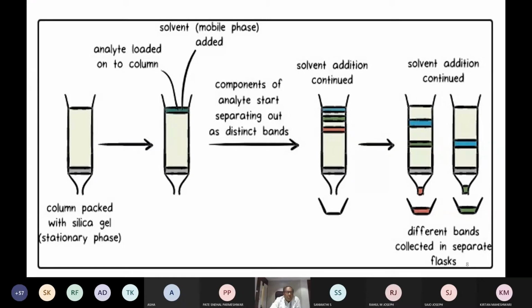The mixture to be separated is loaded, and once the separation starts, the solutes separate into two parts, identified as separate bands with different colors. They will be separated and collected in two separate containers, or flasks.